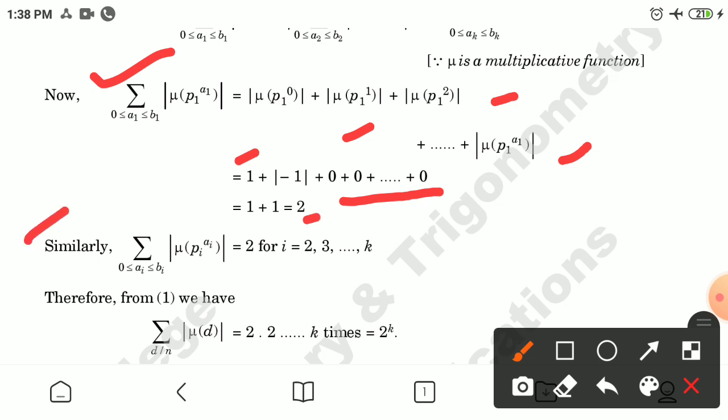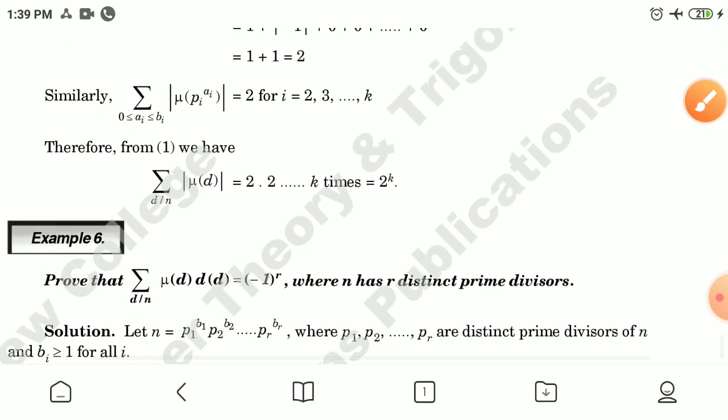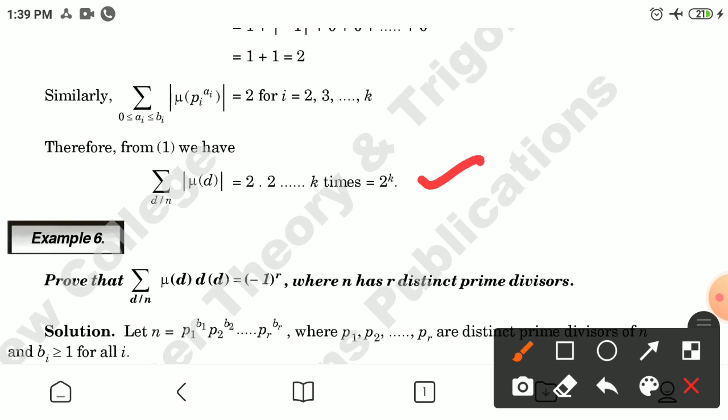Similarly, we can find the other terms' value as 2 for each i from 2 to k. Therefore the total is 2 raised to power k.